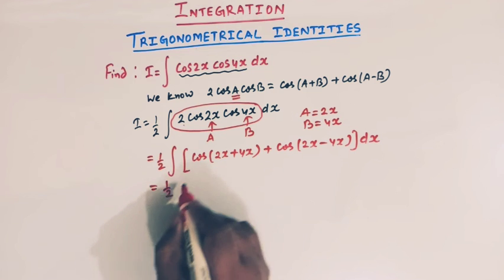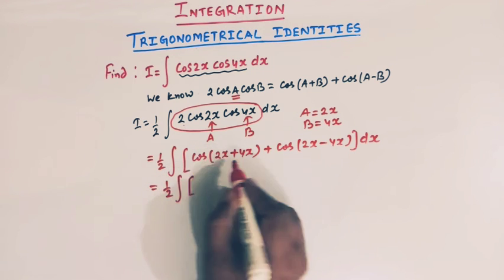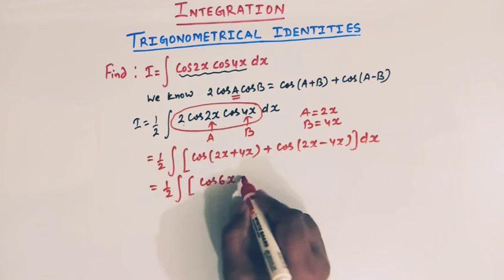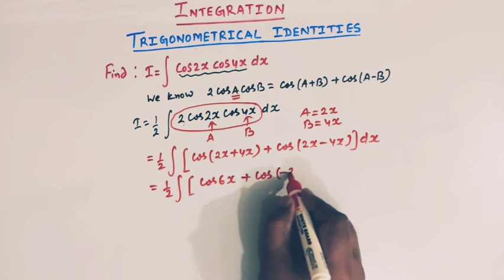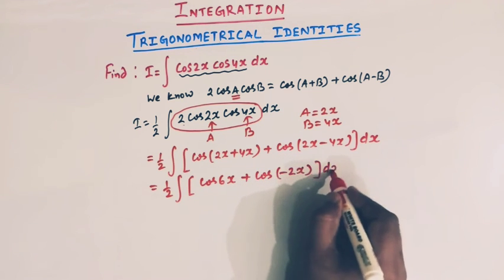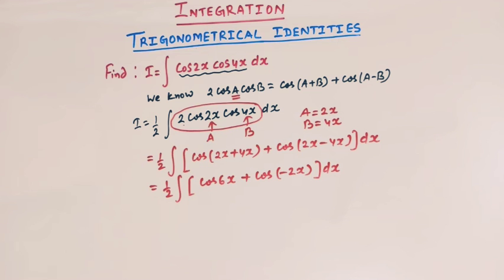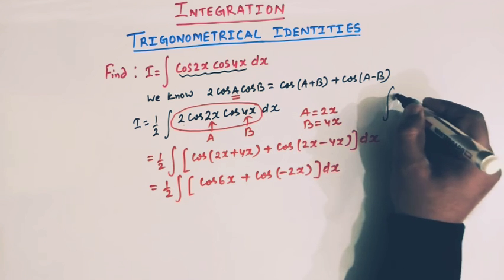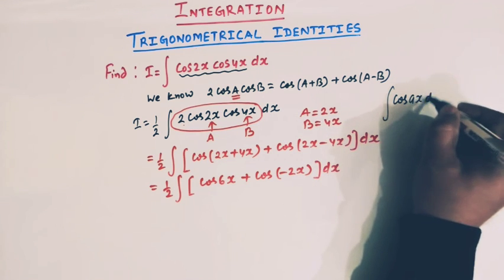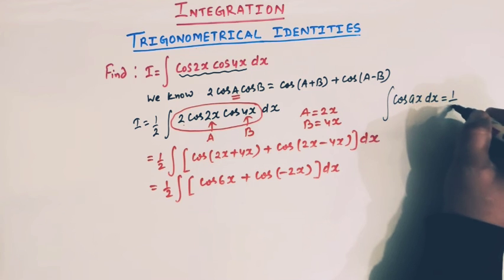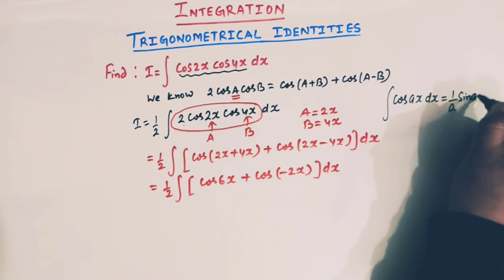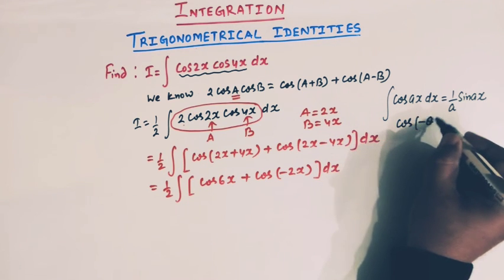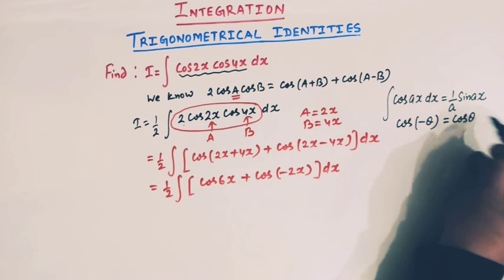Now simplifying it, we have half, and cos 2x plus 4x is 6x. So we have cos 6x, and here we have cos minus 2x, right? Now we know the integral of cos ax dx can be written as 1 over a sine ax, and we also know that cos of minus theta is equal to cos theta, right?